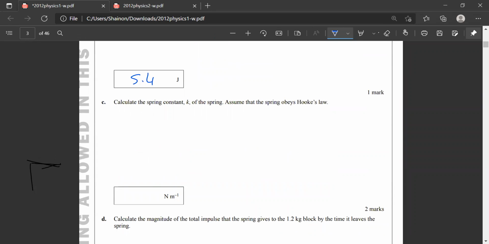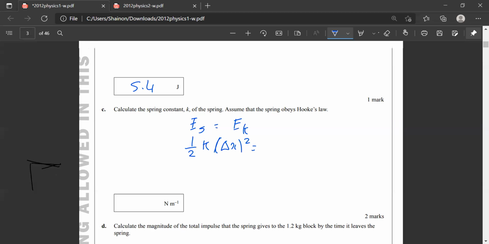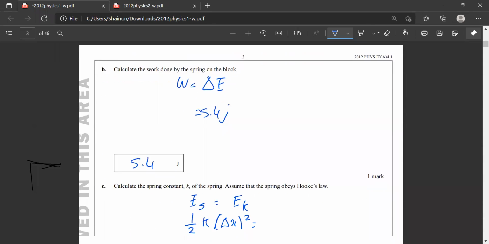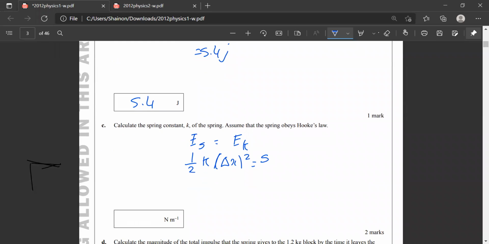Spring constant, so it's E strain to E kinetic. So the energy for E strain is half K x squared, which equals E kinetic, 5.4.